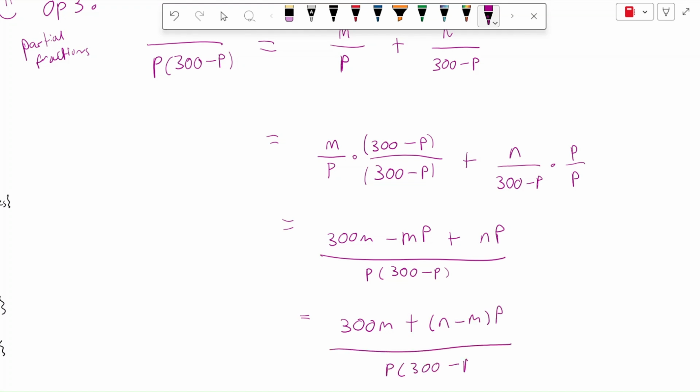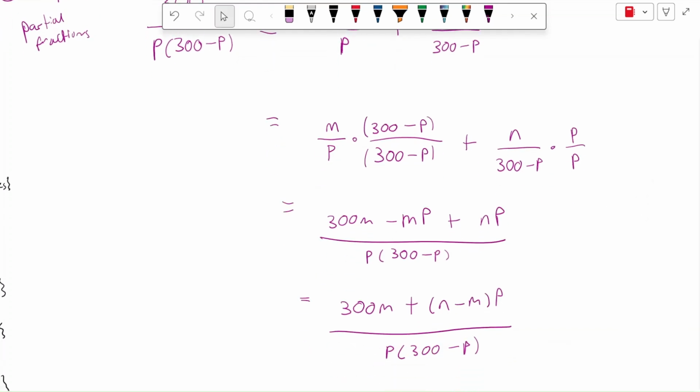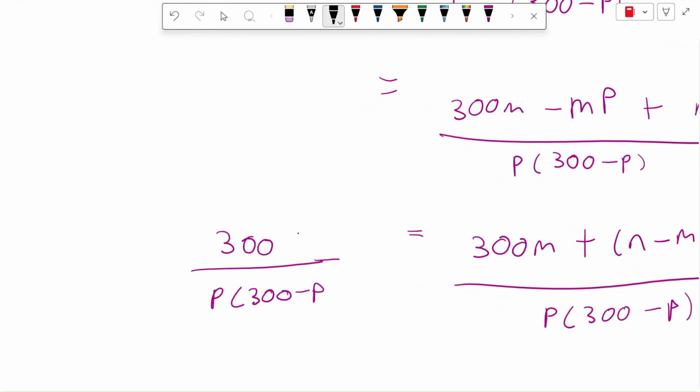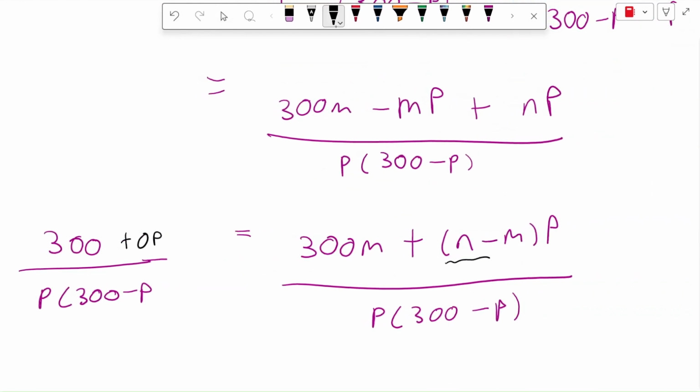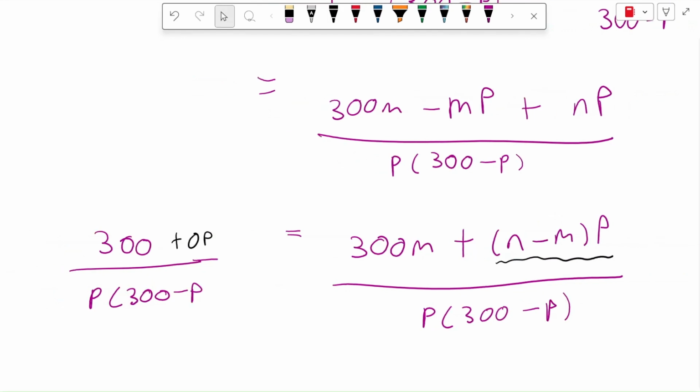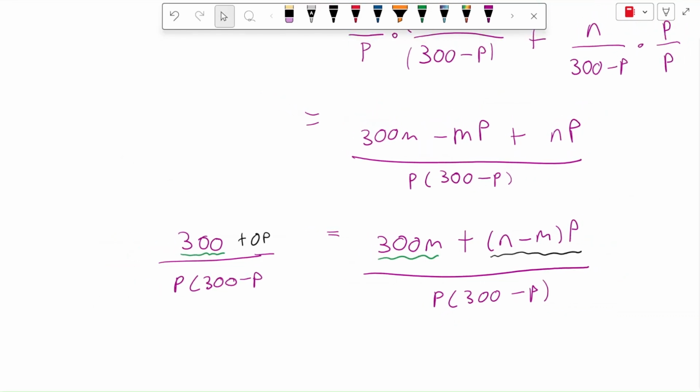Now, really importantly, on the left-hand side, this was supposed to be 300 over p times (300 take p). Now, you can group this as 300 plus 0p, right? There's no p's on the top there. So that term groups with that term, and the constant term groups with that term.